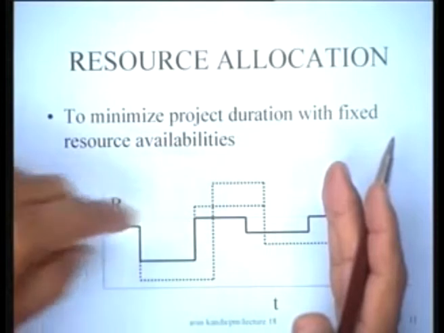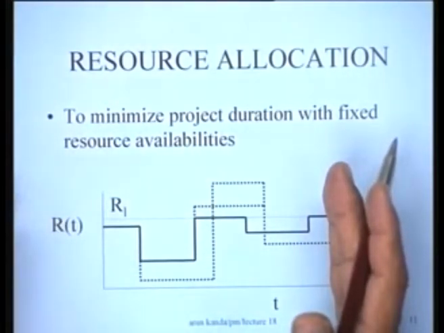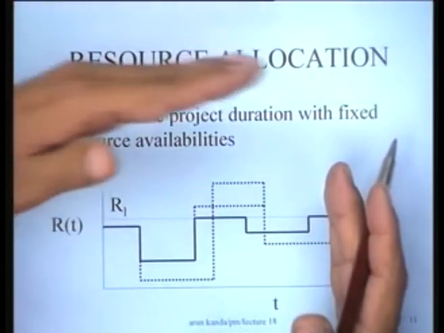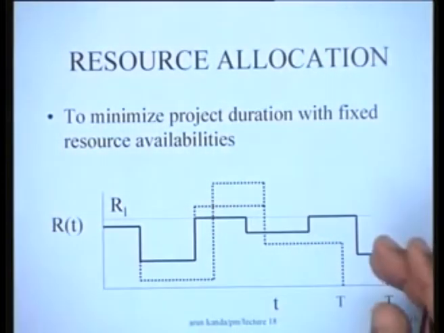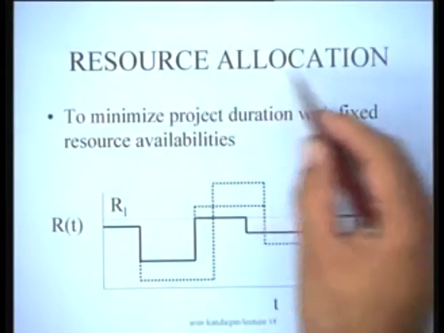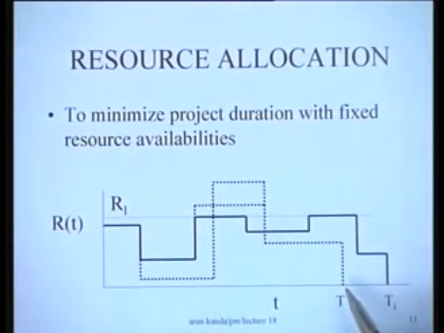But when even the best level resource does not meet your requirements and the resource peaks are higher than the resource availabilities, you have no option but to press it hard and allow this to increase slightly. So the limited resource allocation problem is to determine that schedule for which the increase in project duration is a minimum. This is the problem in limited resource allocation.